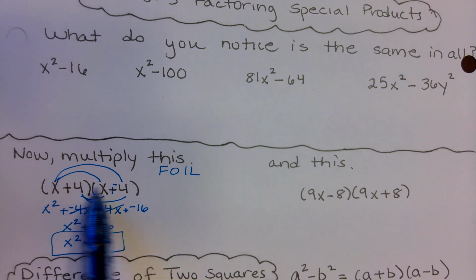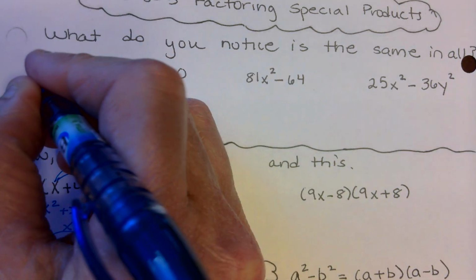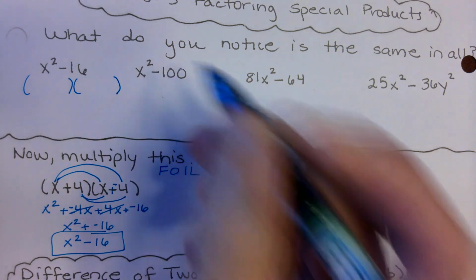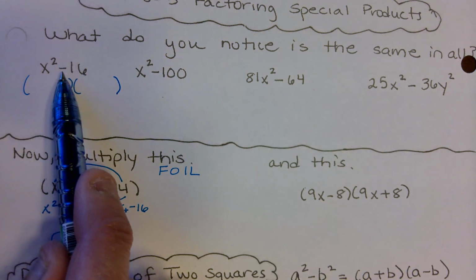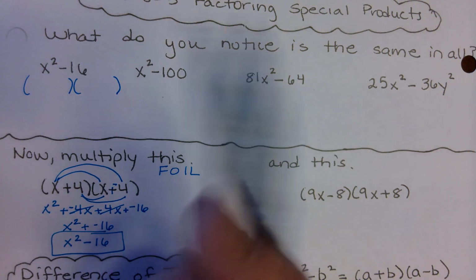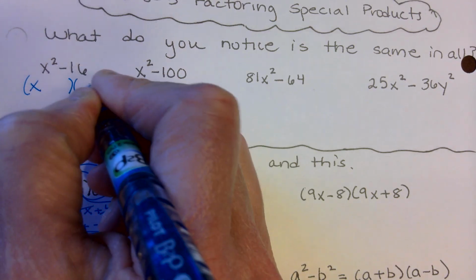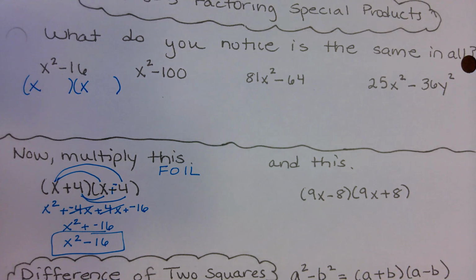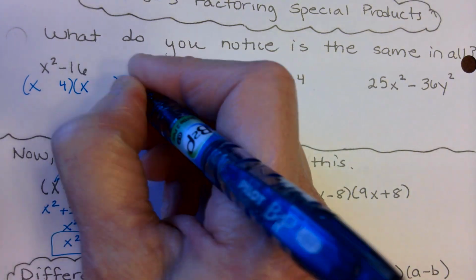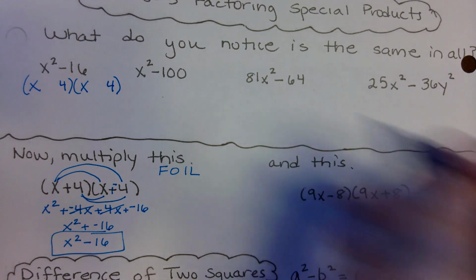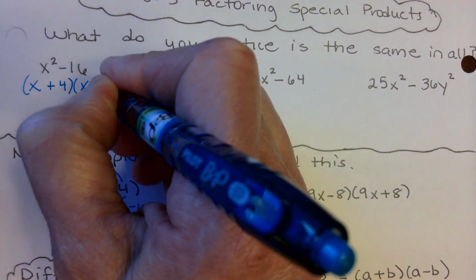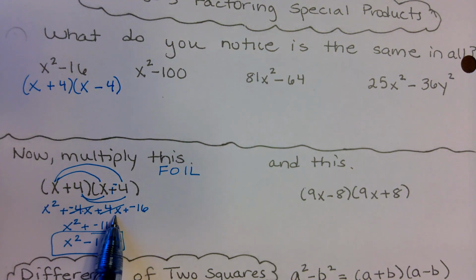Square root of 16 is 4. And the sign is one of each. So when you have what's called a difference of 2 squares, you take the square root of the first, and that goes there. You take the square root of the second, it goes there. One is plus, and one is minus. And that's how that middle term drops off here.